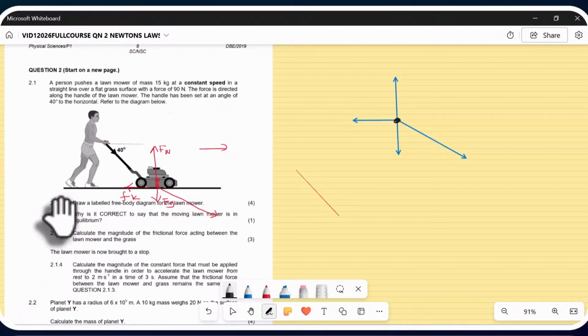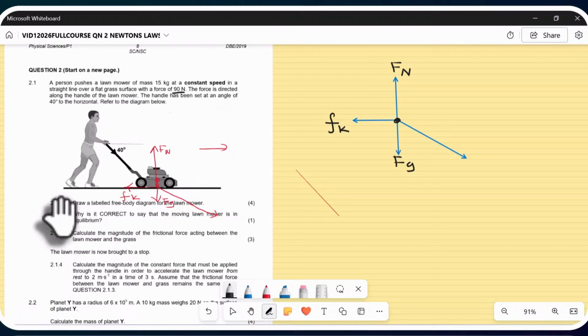And then we have the frictional force. The applied force they say is 90, so we better put 90 newtons here. Now in this case, we don't have to show the angle of inclination. All right, that's our answer for the free body diagram, okay?